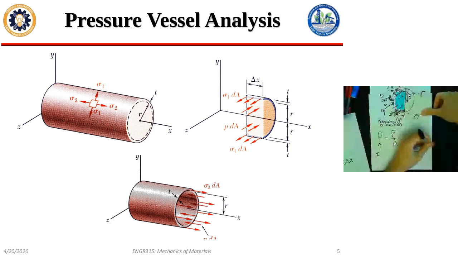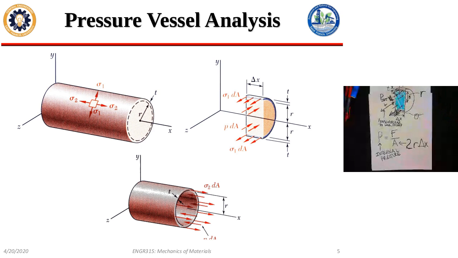2r delta x. P is the internal pressure, so it's something that we should know. So this means that force, if I can add this into my summation of forces, my forces look kind of like this.